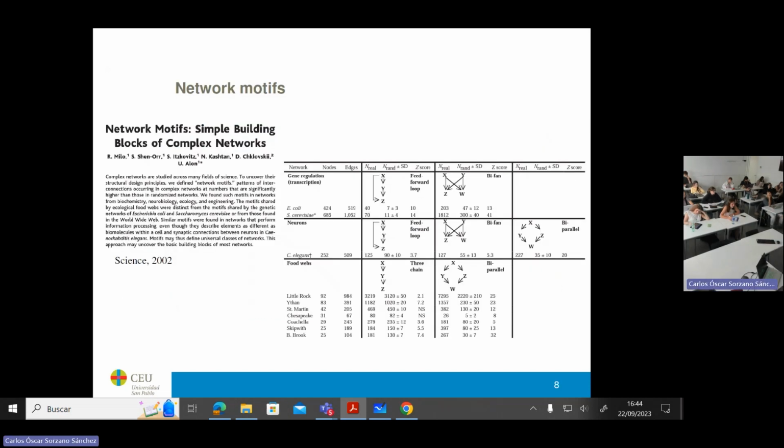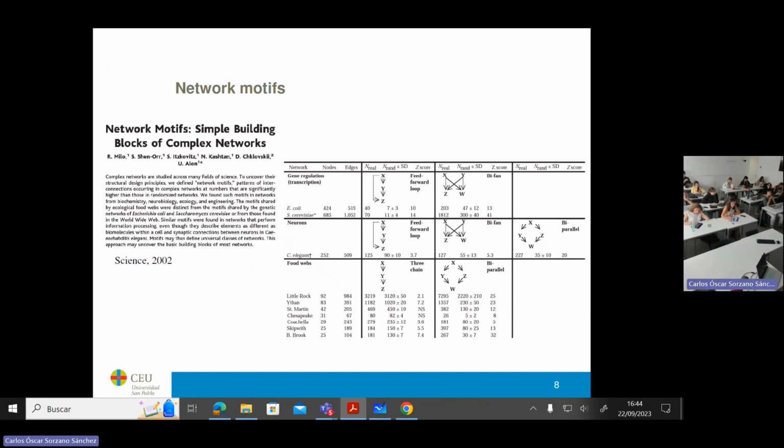And why are graphs important in systems biology? Because, as we have already seen with protein-protein interactions, the regulatory networks also use these kinds of models.